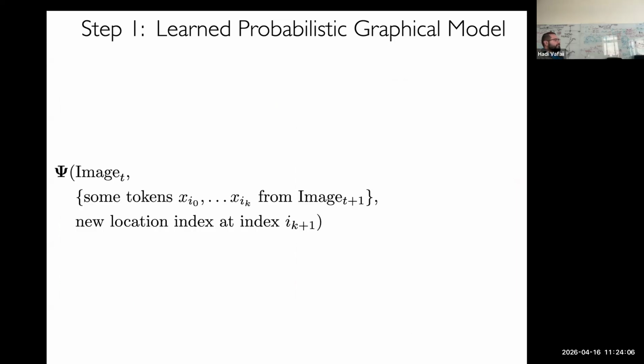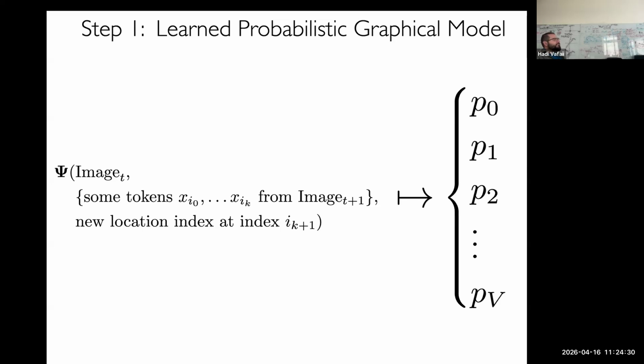Now I'm going to tell you the form of a model that is good at capturing that. Let's call it psi, and it takes 3 inputs. The image, some patches, which you should think of as tokens, x i0 through x ik from the next image, and a new location in the next image, ik plus 1, where you don't know what the next image looks like.